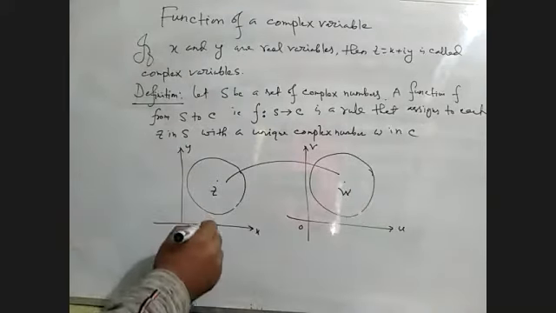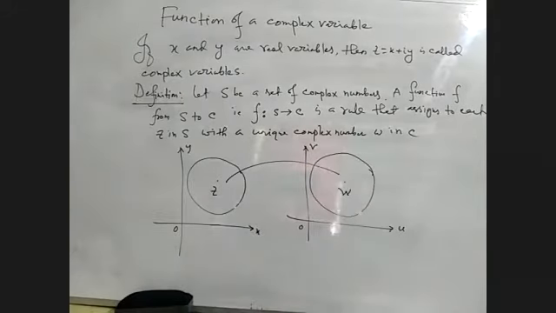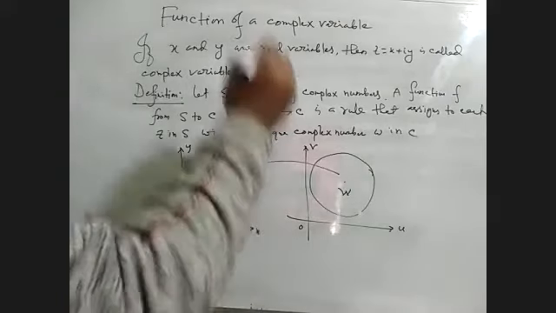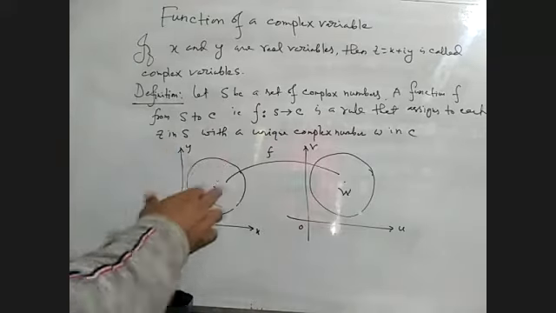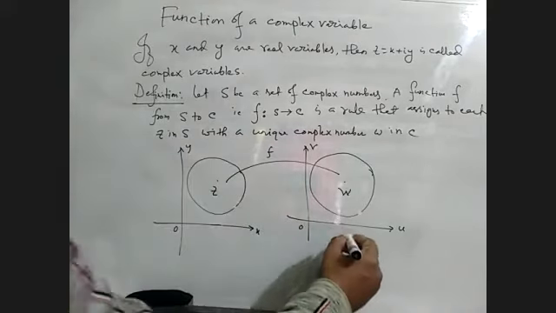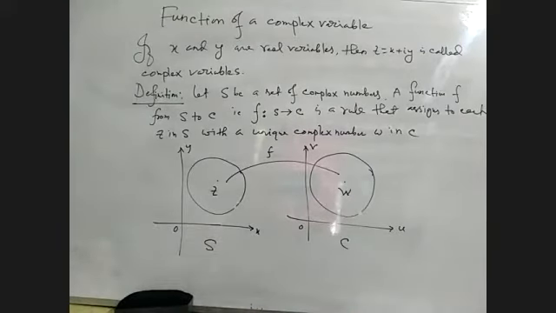This is the Z plane or XY plane, and this is the W plane or UV plane. And f is the function or mapping from S to C. So we can define a function of a complex variable like this.